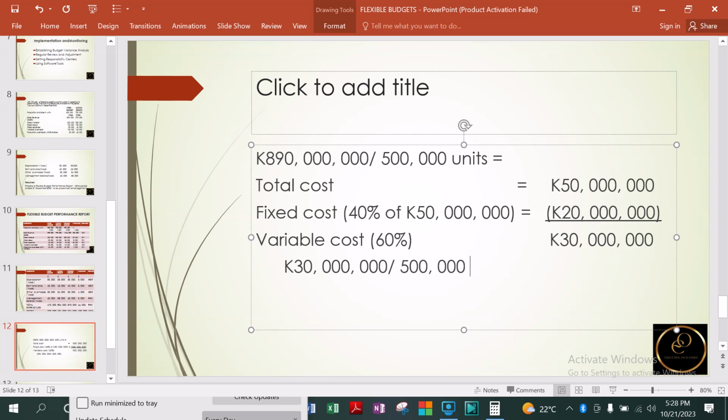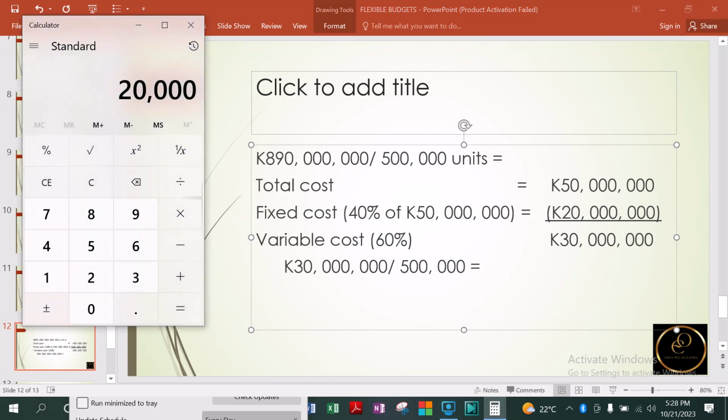Okay, what is going to give us? So this is 30 million.